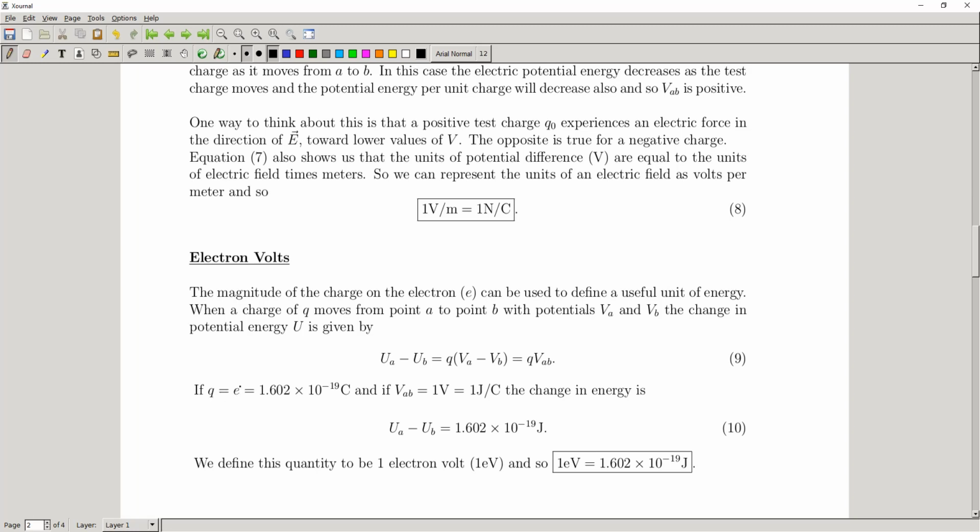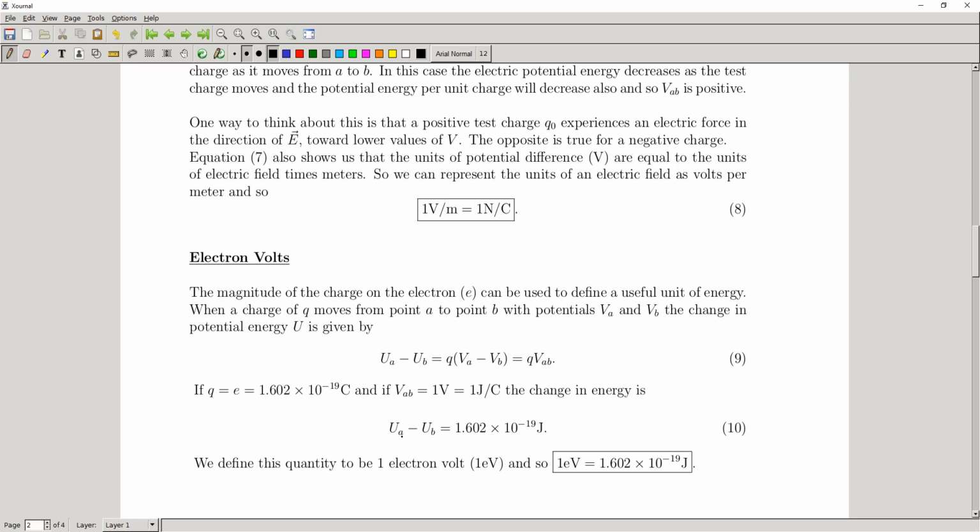Now if this Q is actually the charge of one electron, given by this number here, 1.602 times 10 to the minus 19 coulombs, and if this potential difference is 1 volt or 1 joule per coulomb, then the change in energy is going to be given by this expression that we see here, right?